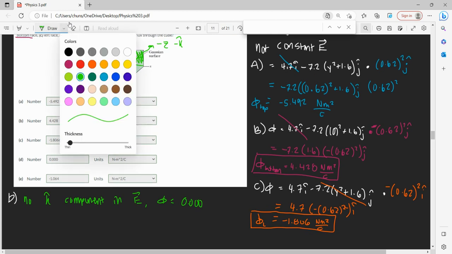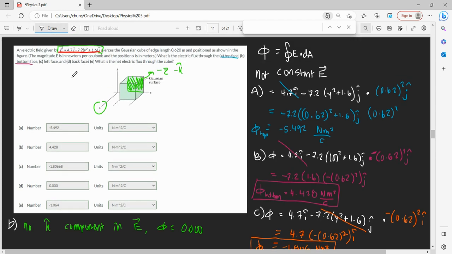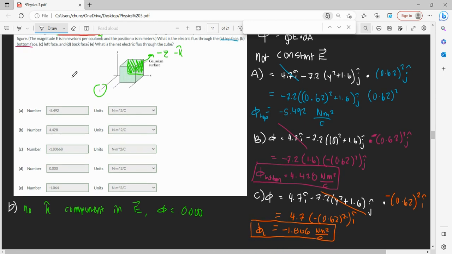Finally, we want to find the net flux through the cube. So then we will just be adding up all of these values here. Let's see, we did our top face, bottom face, left face, back face. We know front face is also going to be 0 because, again, there's no k direction.